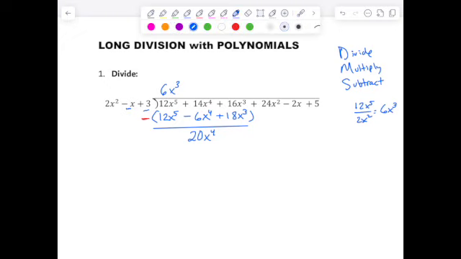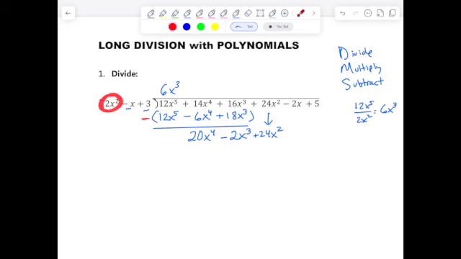But then, here at the end, 16x cubed minus 18x cubed, that's going to give you negative 2x cubed. Okay, so there's the subtraction step of DMS, and now you bring down the next term in line, similar to what you do when you're using long division for numbers. That's plus 24x squared. And now you repeat that process, DMS.